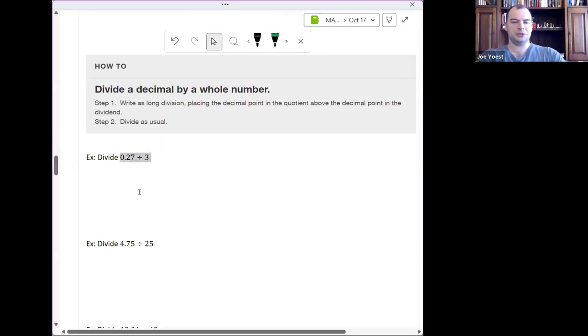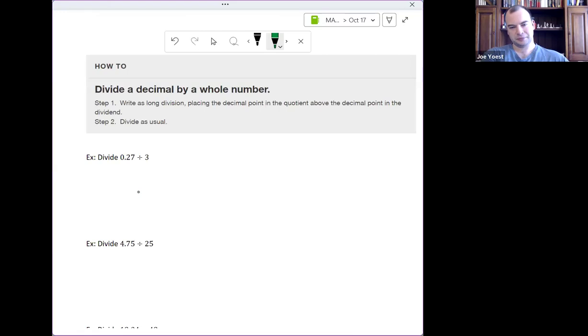So what about 0.27 divided by 3? Maybe I'll write my decimal point a little bigger. I tend to write my decimal points kind of small, but I'll try to write them a little bigger so you can see them a little better on the screen. 3 goes into 0, 0 times.